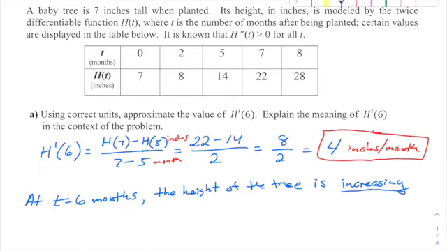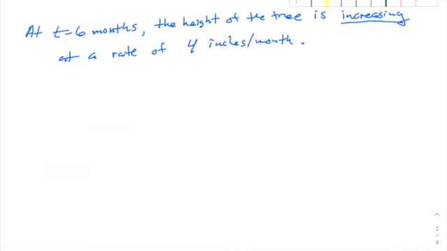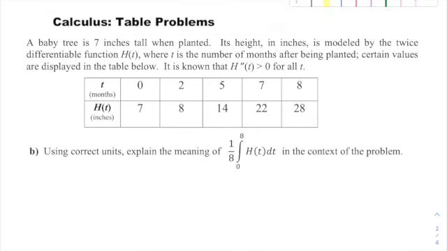So the height of the tree is increasing at a rate of 4 inches per month. There you go. You're showing that it's only at that moment that it's that rate of change, and that's what the derivative is, instantaneous rate of change. So it should be a pretty easy, straightforward question to get a couple points and get the ball rolling. Let's take a look at the next couple parts.